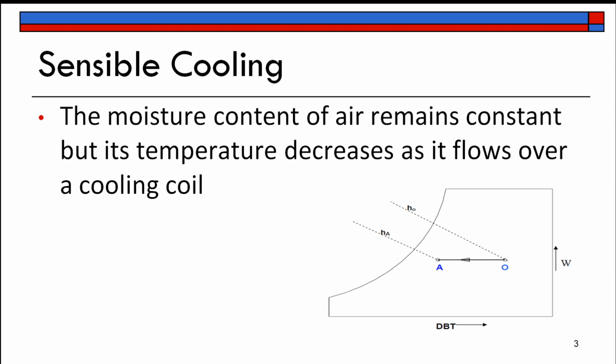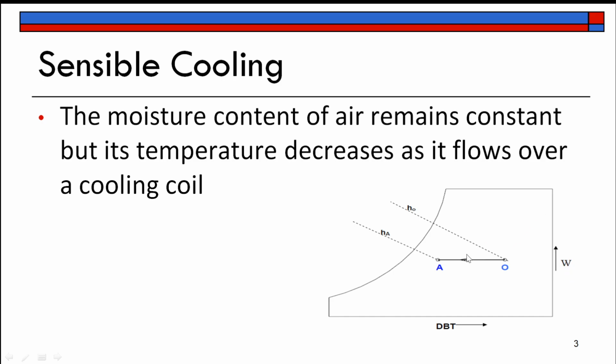You can see here in the psychrometric chart representation, OA is the process in which the dry bulb temperature reduces, the moisture content of air remains constant, because in the psychrometric chart you know that a horizontal straight line represents a constant specific humidity process, because on the y-axis you have the specific humidity or humidity ratio, omega or W, right?